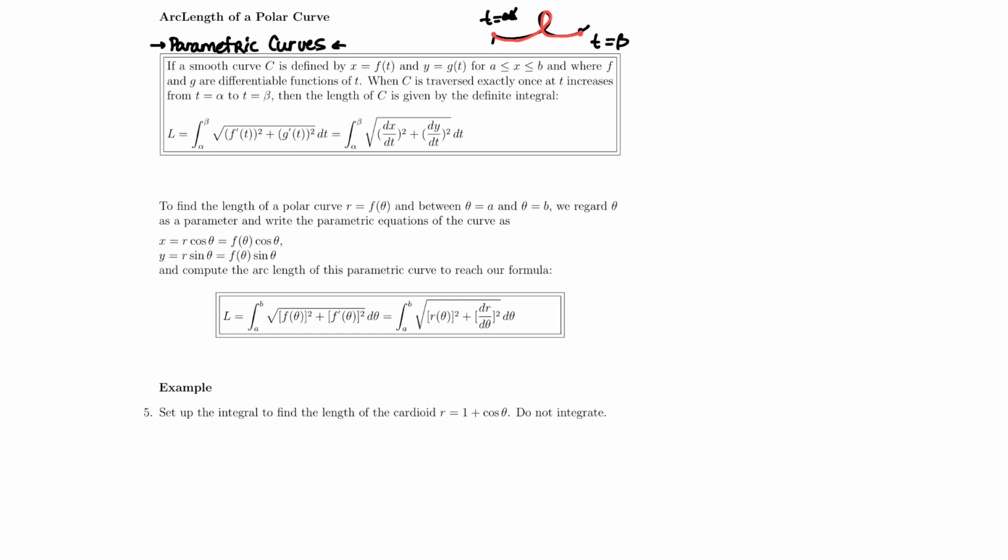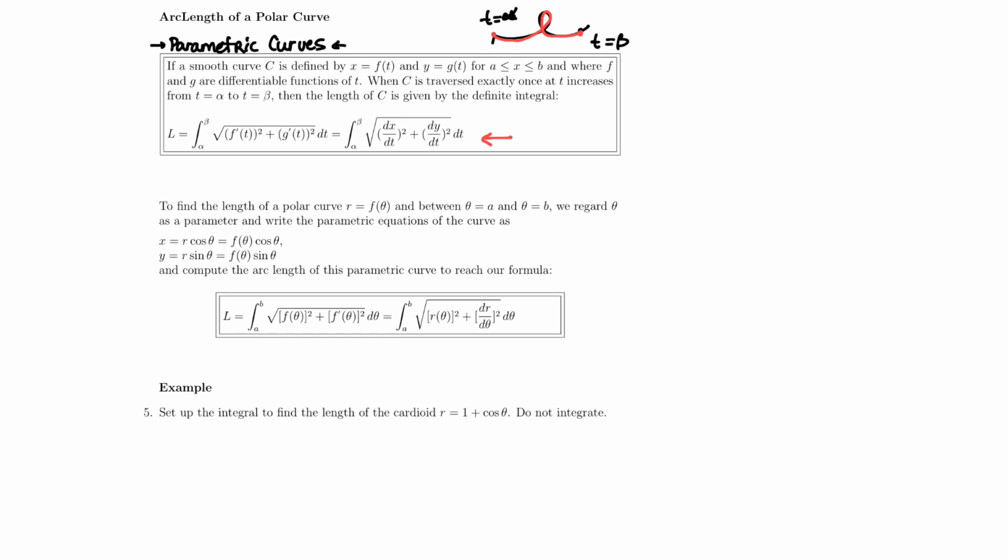And that length is measured by little lengths, which we broke up using the Pythagorean theorem. So this was our formula: dx/dt squared plus dy/dt squared, with respect to t, gave us the arc length of a parametric curve.